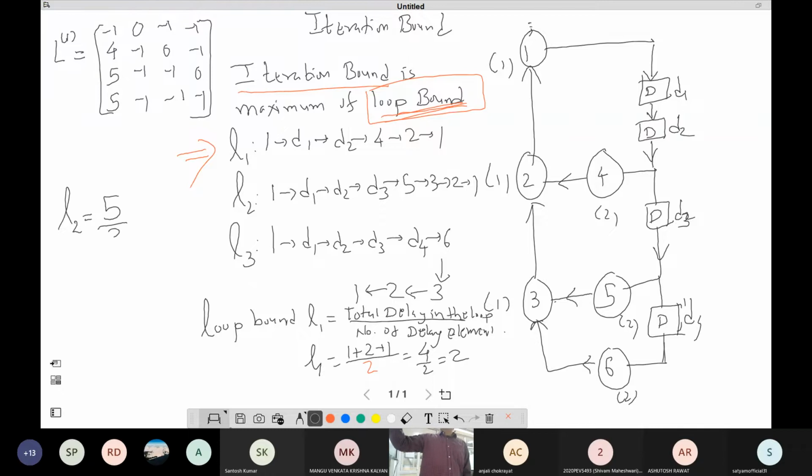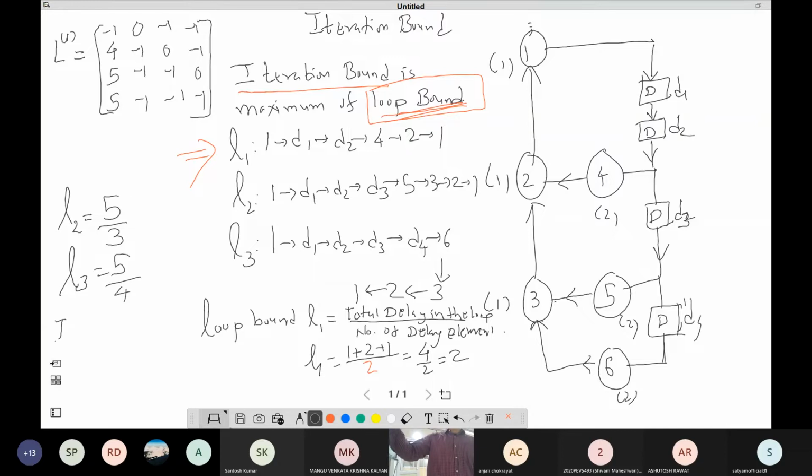It is 5 by 3. Very good. L3. Again, for L3, total delay of that particular loop divided by number of delay elements. So it is 5 by 4.